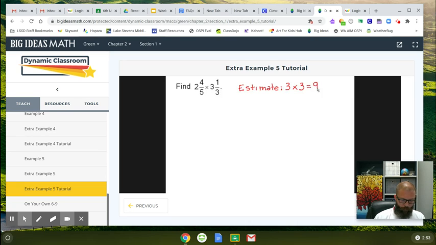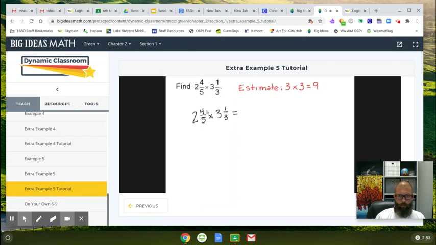So now let's go back to the original problem. We have 2 4/5 times 3 1/3. Before we start multiplying, let's convert both mixed numbers to an improper fraction. So let's start with 2 4/5.